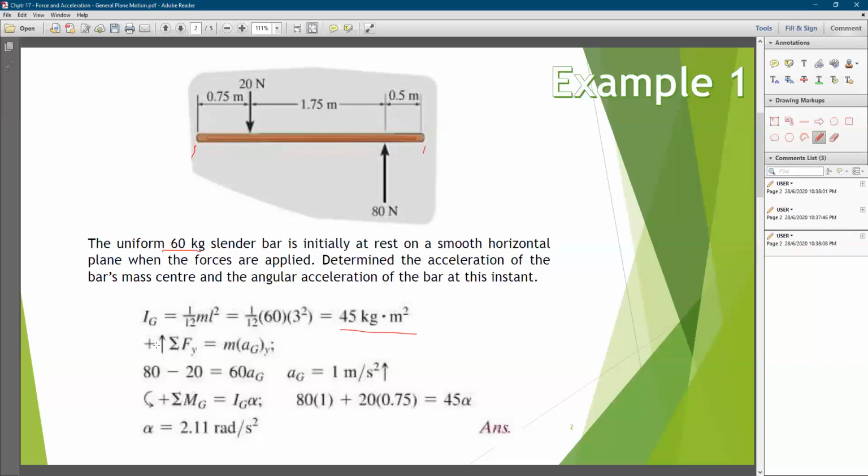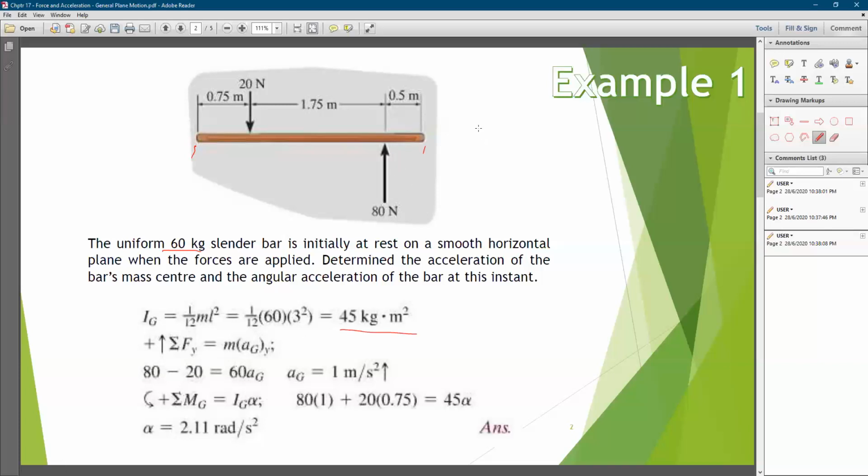Now going up is our positive direction for y, and here we have 80 minus 20. Okay, 80 is pointing upwards.